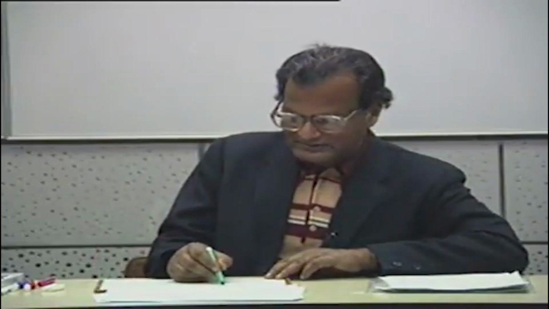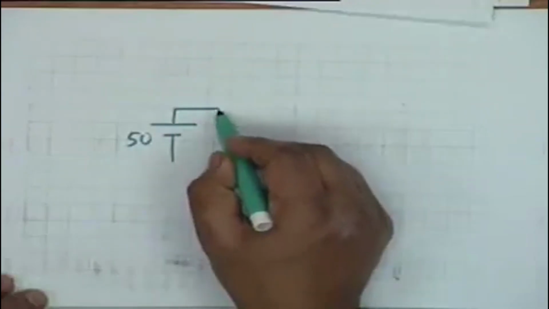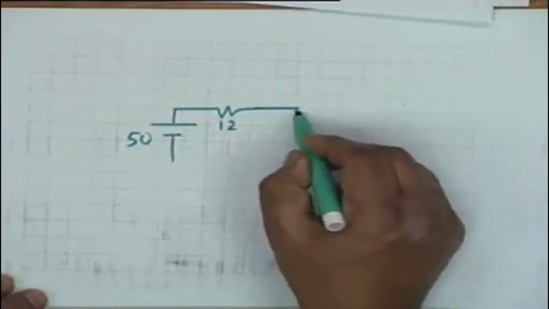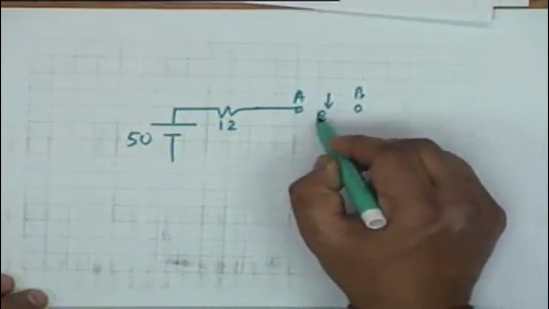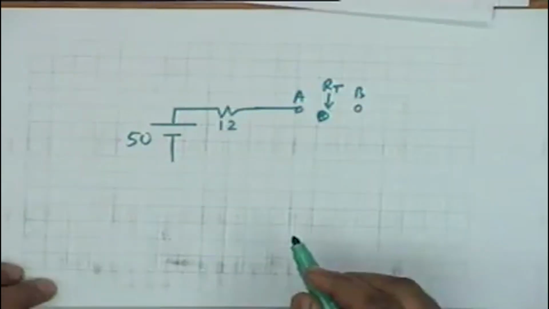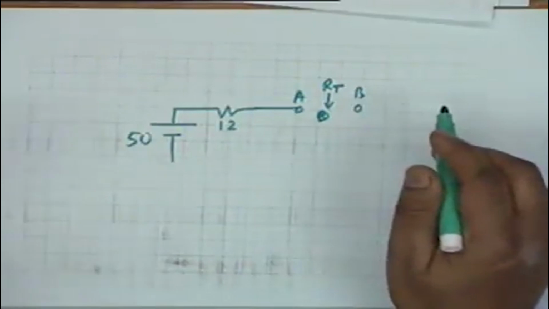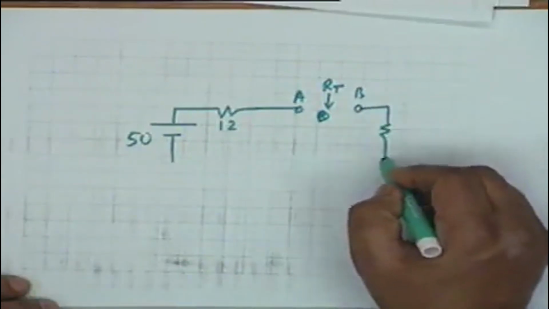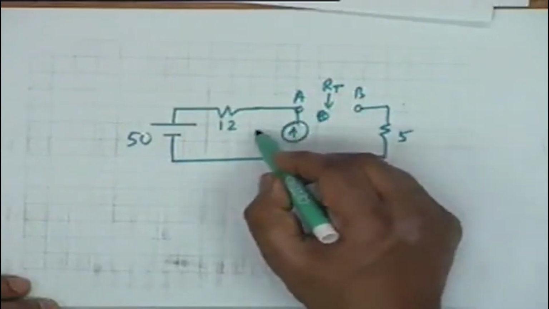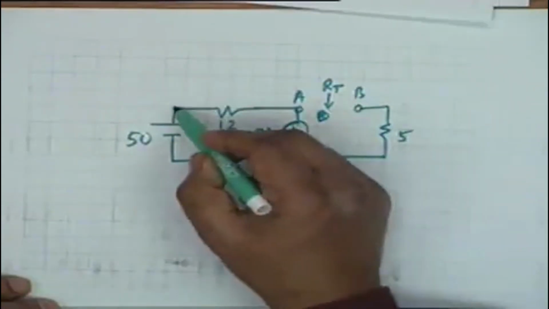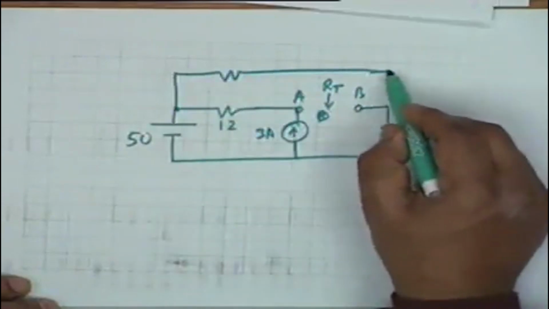What we have is 50, 12, A, B. This is where we have to measure RT between A and B, after killing the sources. This is 5, this is 3 ampere, and there is a 10 ohms here.